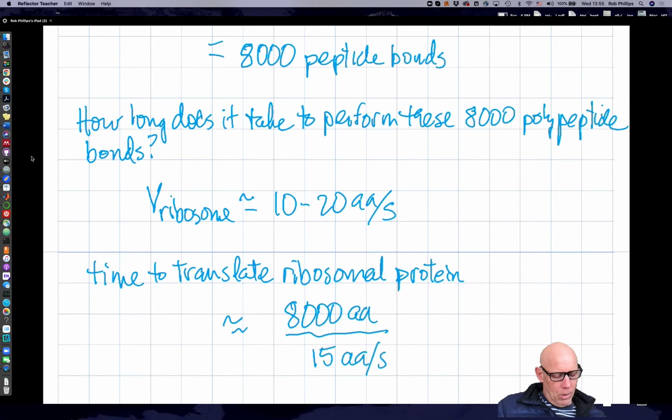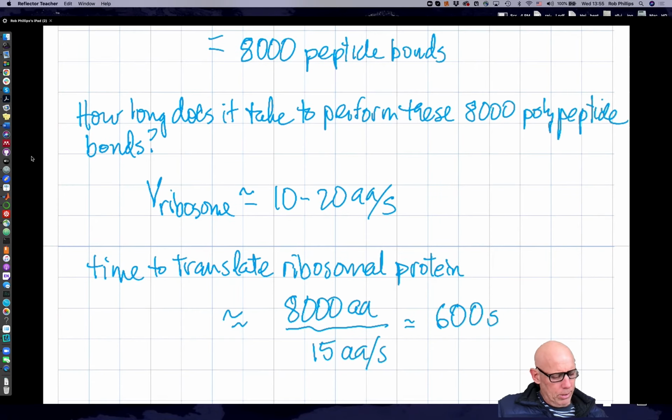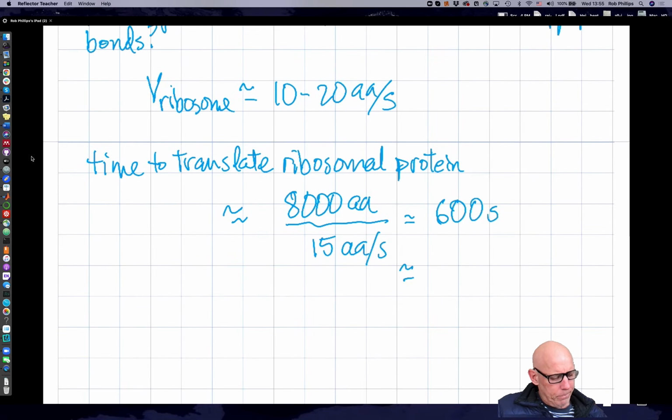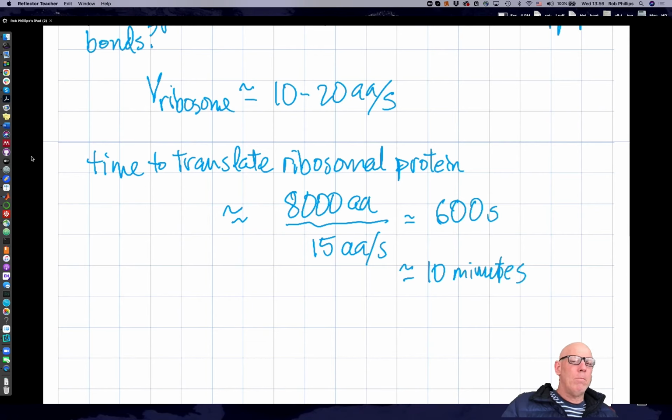And so this is going to give us roughly 600 seconds, which is about 10 minutes. So that's super interesting, because what we're saying is that in order for a ribosome to make a new ribosome, it's going to occupy 10 minutes of time.